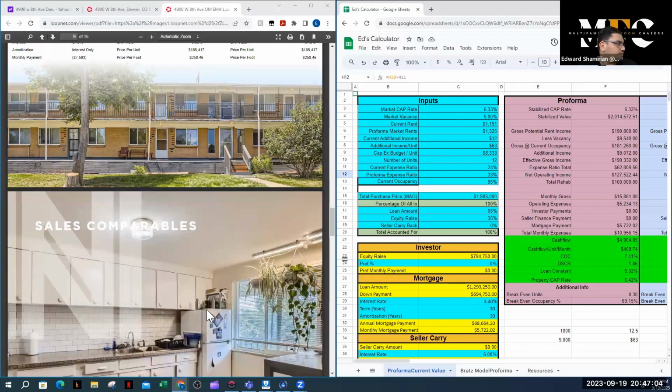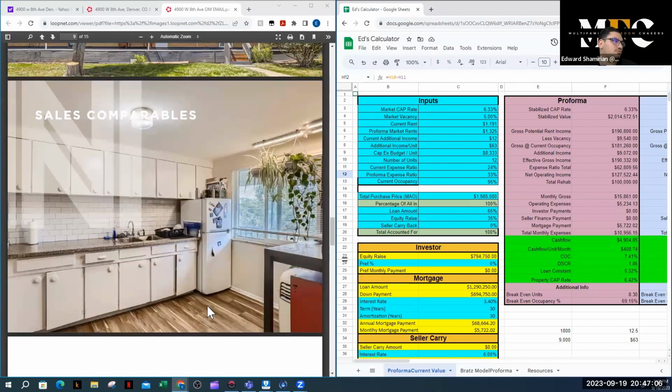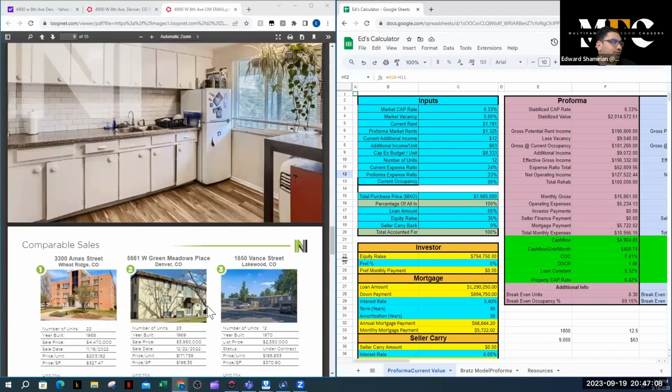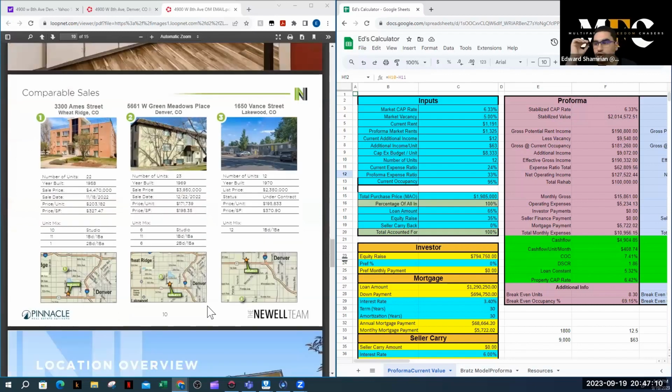And then sales comparables, cool. I like knowing them, but I kind of hold back a little bit on that end when it's so long ago. Because one thing with sales comparables is important to know.